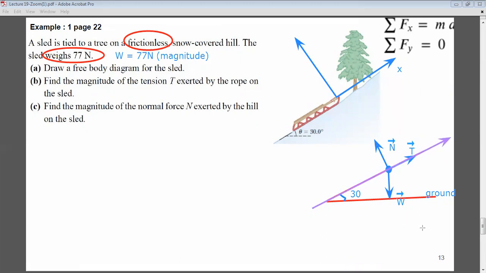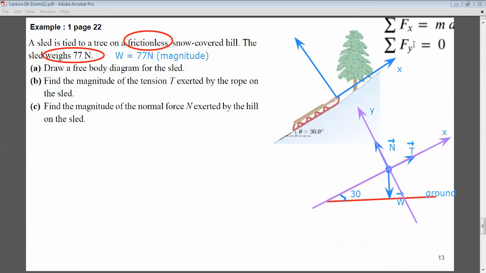Okay, and this will be the y-axis perpendicular to it. Okay, so this is the x-axis. This is before I can try to solve anything.